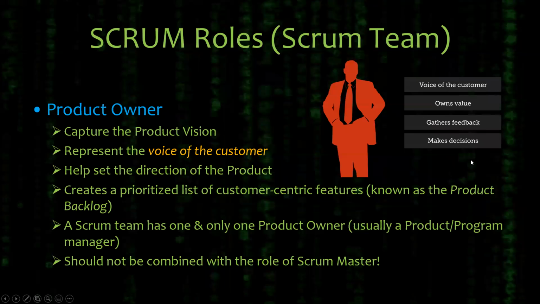Okay, so the product owner is basically what we call the voice of the customer. Basically it will capture the product vision, and help create a prioritized list of customer-centric features, or the product backlog.